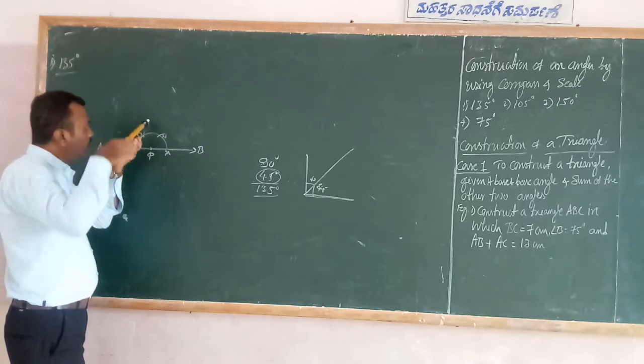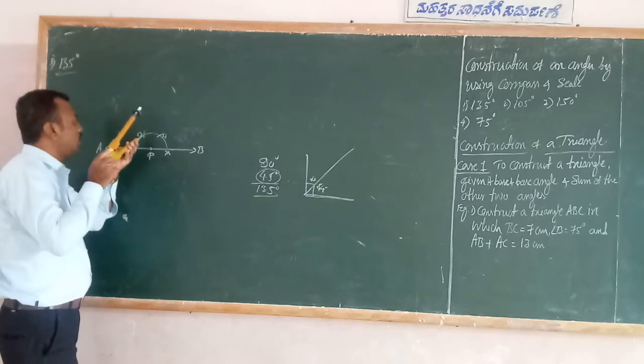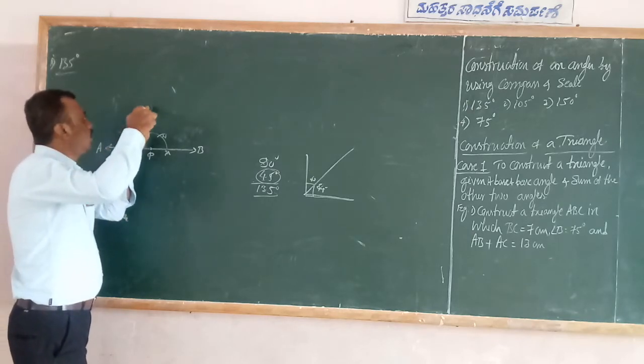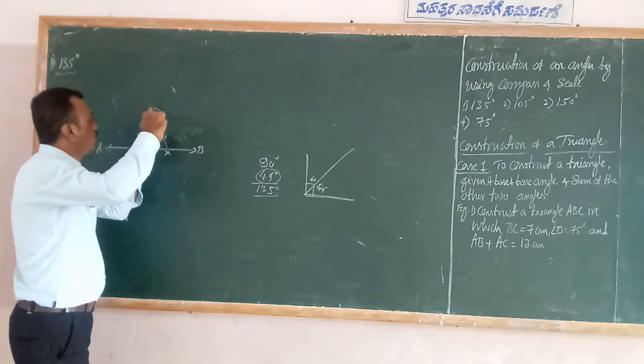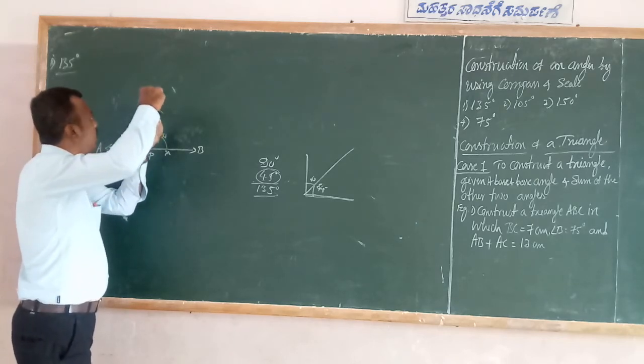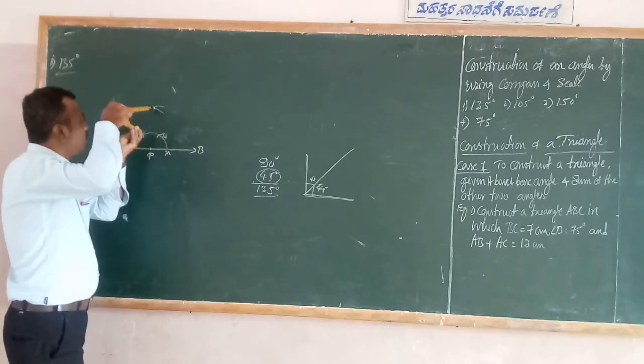So keep on the point P. If you want, you have to extend this. Keep on the point P and cut the arc, and keep on the point N and cut again the previous arc. One more time I will cut it.